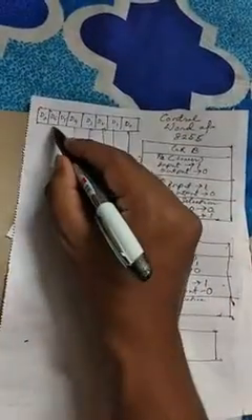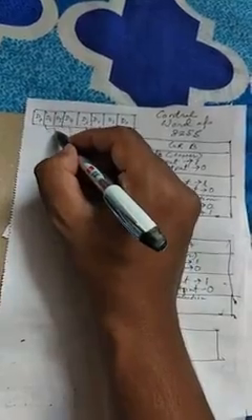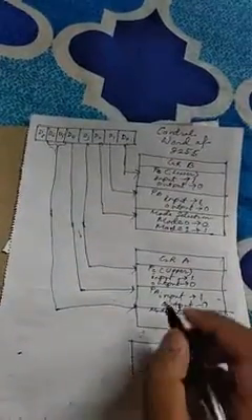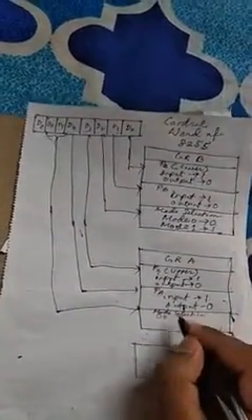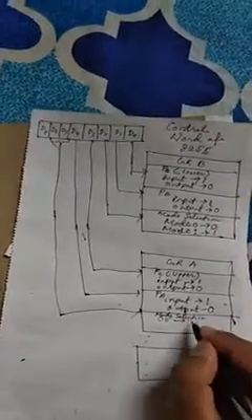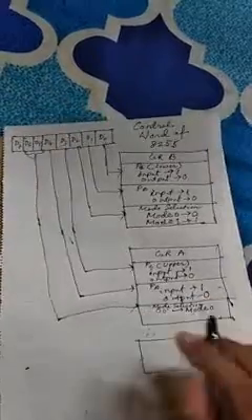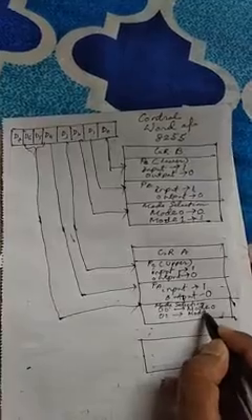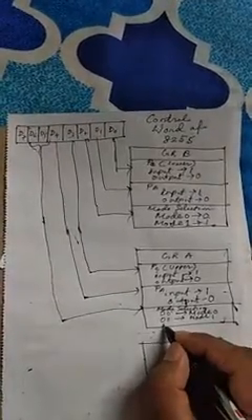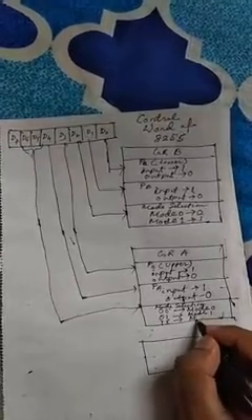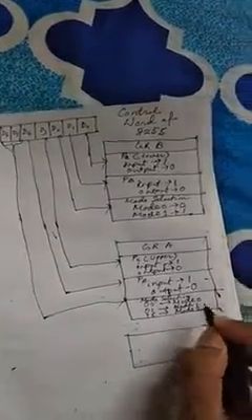And D6 and D5 both give us the selection of the port A mode. If it is 0, 0, then port A will be used as mode 0. If it is 0, 1, then that will be equal to mode 1. If it is 1 don't care, then that will be equal to mode 2.